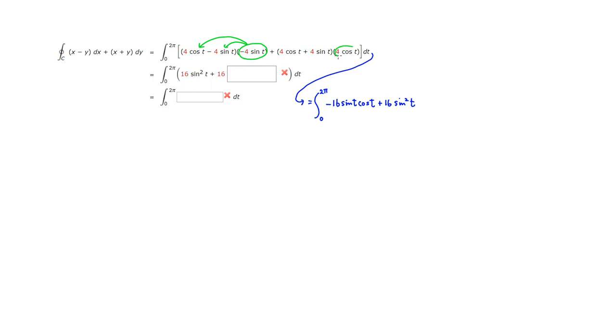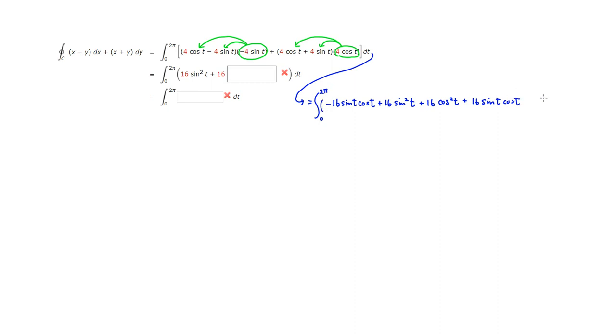Here we do the same thing. We distribute the 4 cosine of t to both of these terms, so we get positive 16 cosine squared of t, and plus 4 times 4, 16 again, sine of t cosine of t.